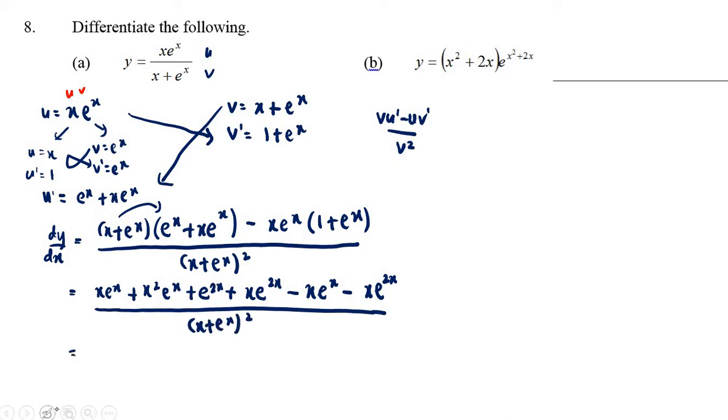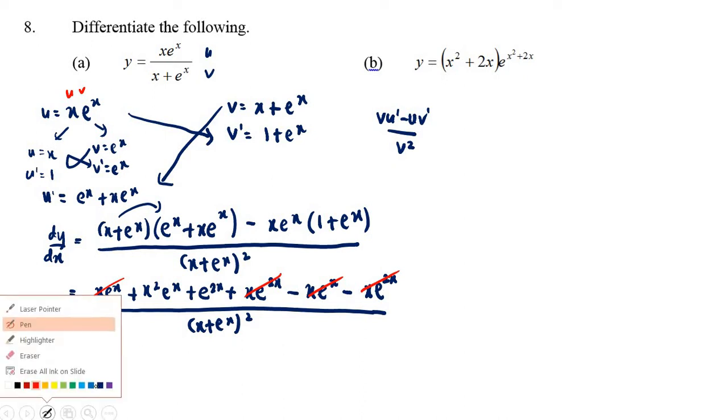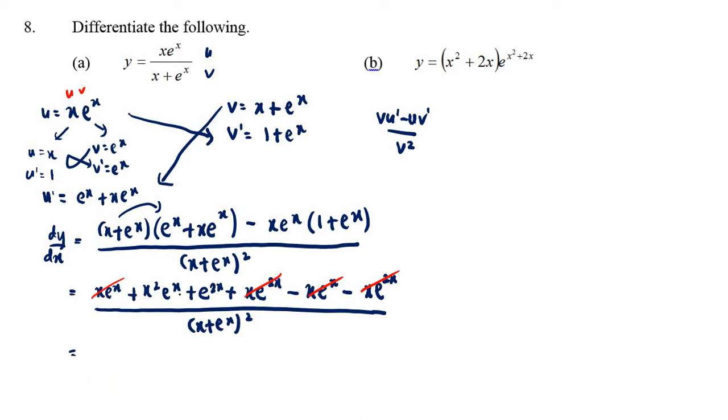Okay, so now we look at the common term ataupun ada tak term yang kita boleh simplify. So we have x e^x here, we can simplify with negative x e^x, and then we have x times 2x, we simplify dengan negative x times 2x over here. So next line that we have over here, kita just tinggal x squared e^x. Okay, so x squared e^x plus 2x divided by (x plus e^x) squared.